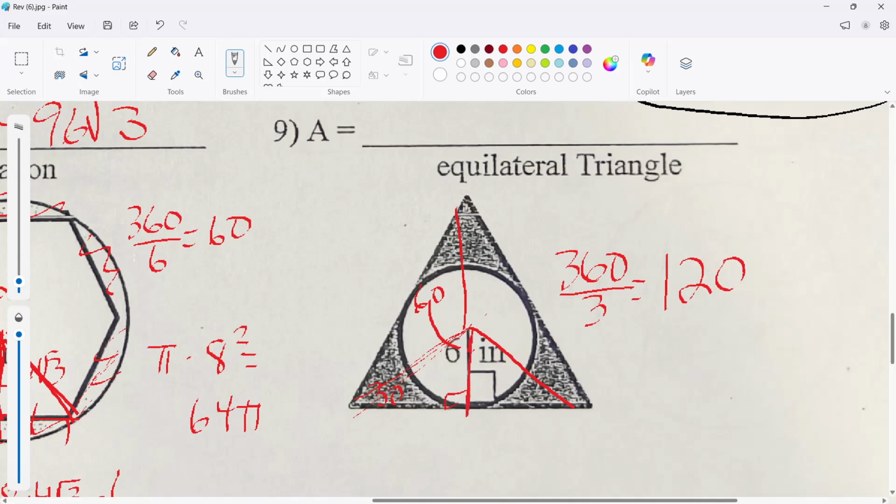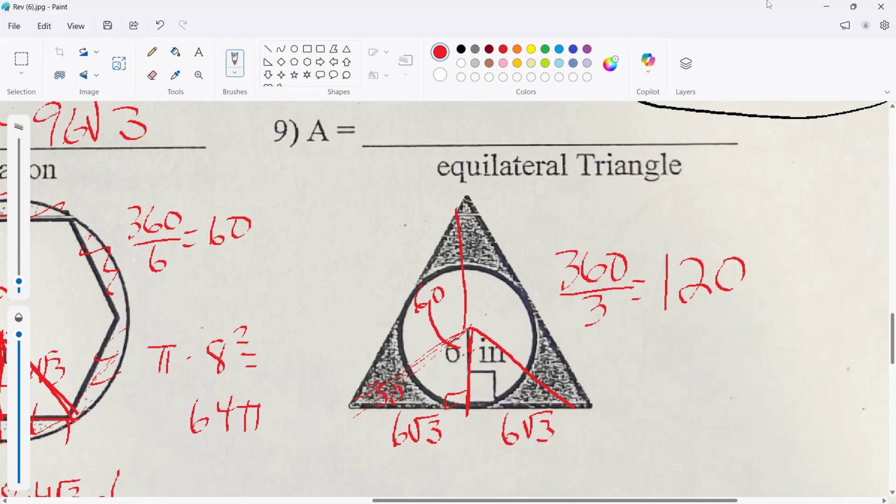The side opposite 90, do I need it? No, I don't need it. The side opposite 60 is going to be 6 square root of 3. Because remember, the side opposite 30 is x, side opposite 60 degrees is x square root of 3. So that means this is 6 square root of 3.